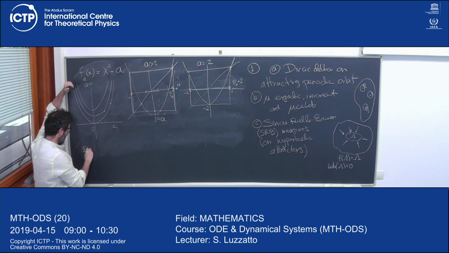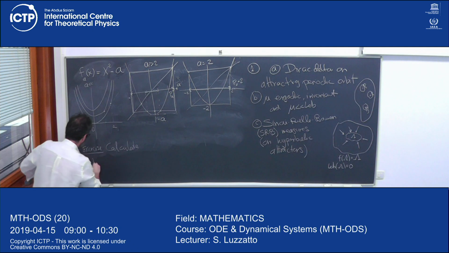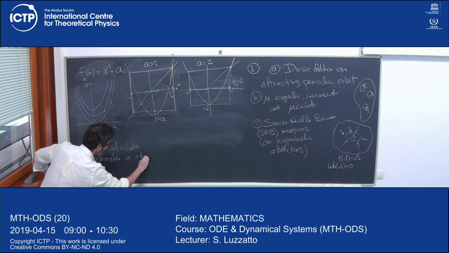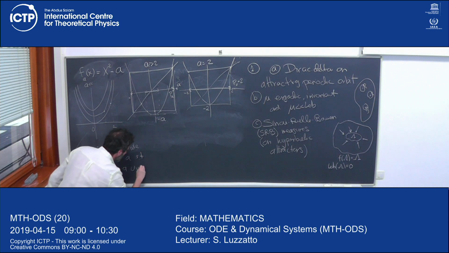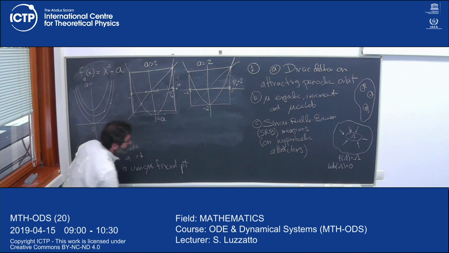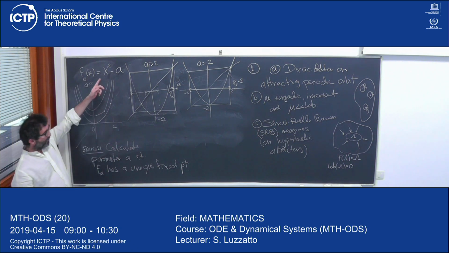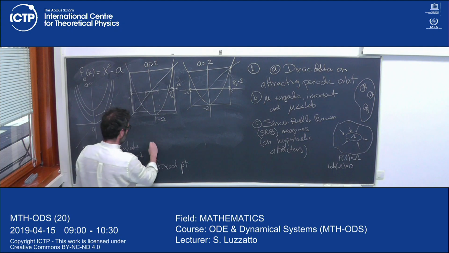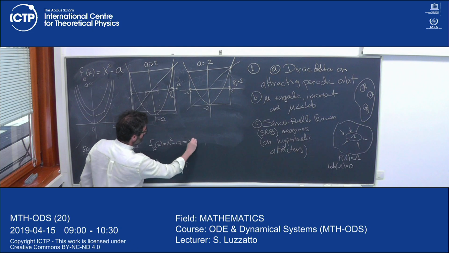Here's another exercise. It's a simple exercise: calculate the parameter A such that f_A has a unique fixed point. The equation for the fixed point is just f_A(x) equals x squared minus A equals x.